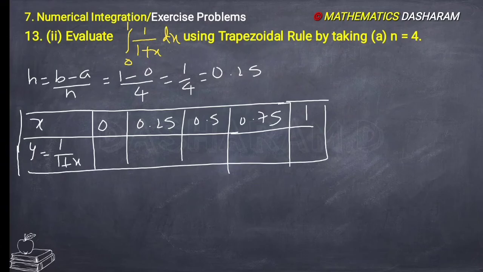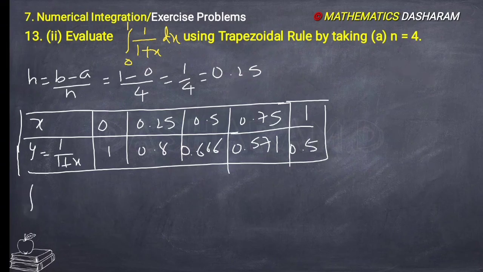So when the x value is 0, then the y value is 1. Next here 0.8, next 0.666, next 0.571, next 0.5.